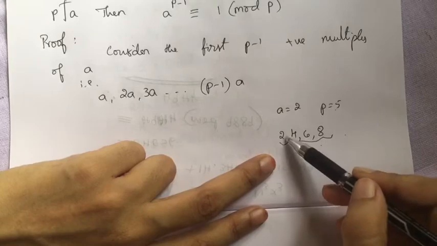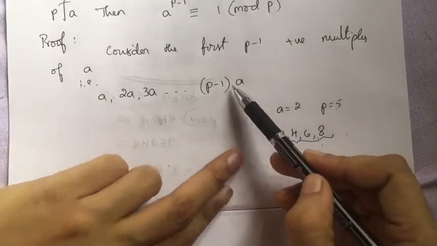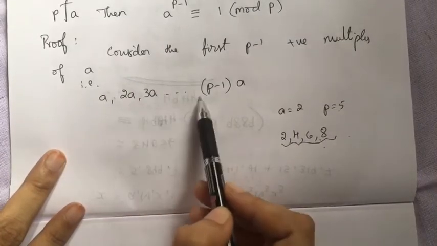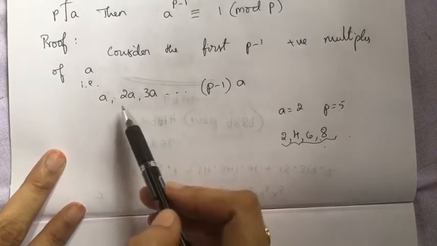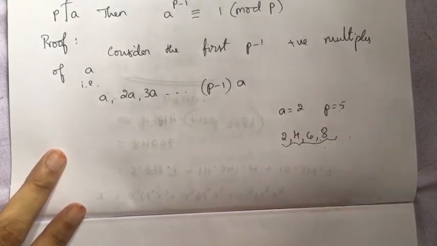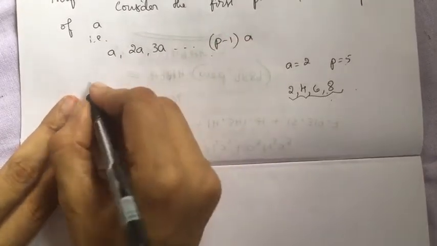And one more thing is they are not even congruent to 0 mod 5. Same here, these numbers are not congruent to each other, nor are they congruent to 0 mod p. You can check. Suppose they are, what happens?